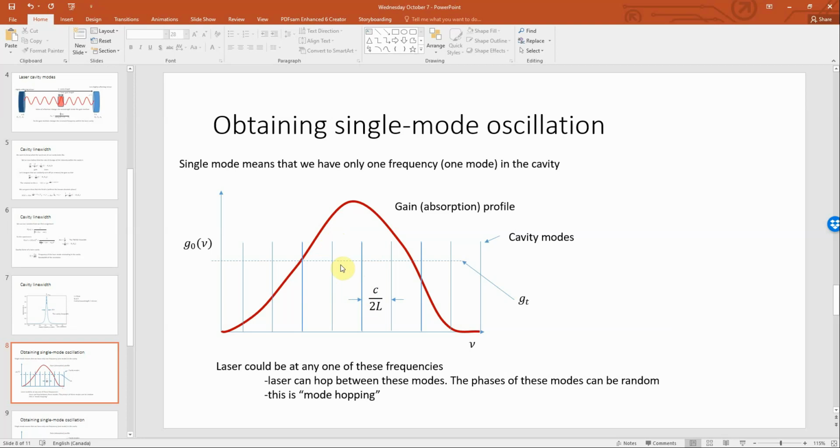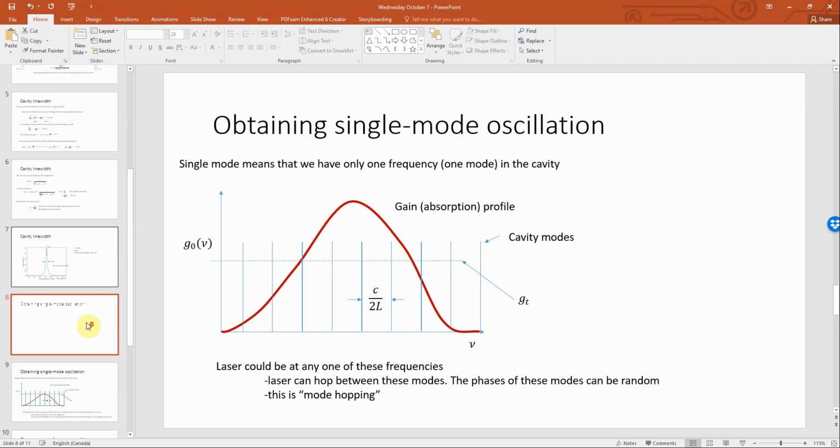And when it hops from one mode to another, it turns out the phase can be random because they're not necessarily linked together. This is called mode hopping, which is something you can actually see in lasers, in general, even in laser pens and stuff like that, but it takes a sensitive measurement to see that these modes are hopping, because often these modes aren't very well separated.